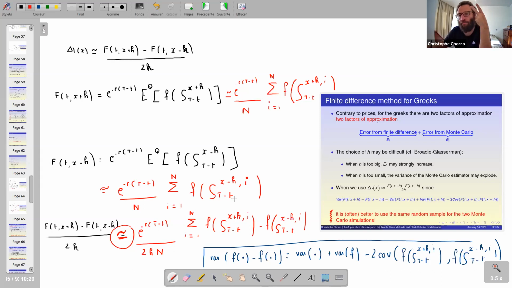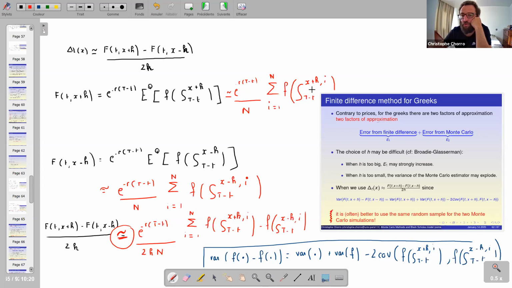I can do it in two ways: use two independent samples to approximate each quantity, or use the same sample. What I have explained is that it's better a priori to use the same sample instead of two independent samples.